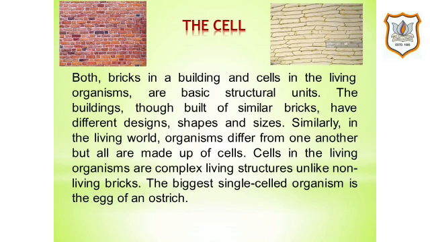All the living things, means plants and animals, are made up of cells. Just as a house is made up of bricks, in the same way a living organism is made up of cells. Thus we can say that cells are the building blocks of plants and animals.